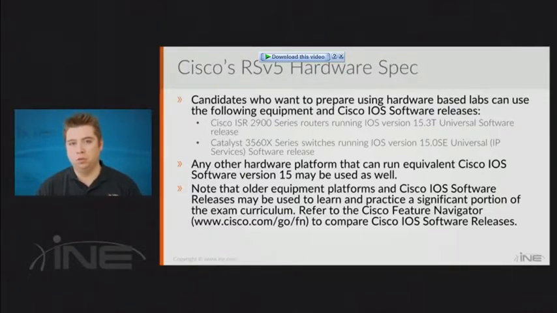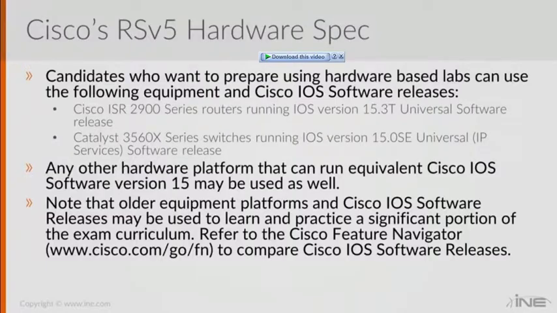Probably 1%, 2% literally. So you don't necessarily need to go out and spend $100,000 in routers and licensing in order to practice for this exam. We're going to talk about specifically what the feasible platforms are that you could use in order to build this topology. But let's say, for example, you work for a reseller and you already have access to tons of boxes, then use ISR G2s, use Catalyst X series, X or E, either one would be fine.